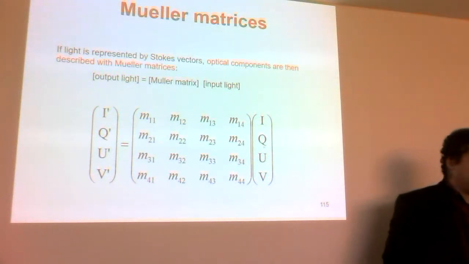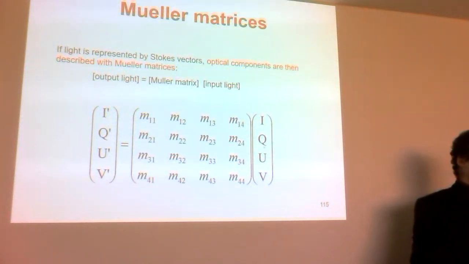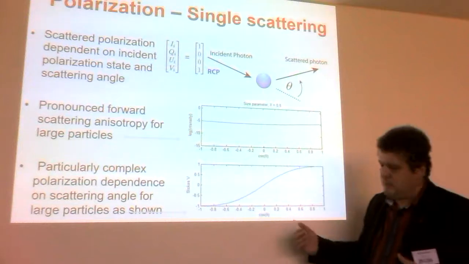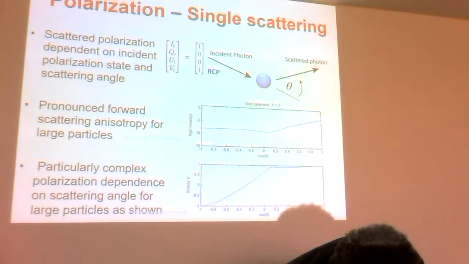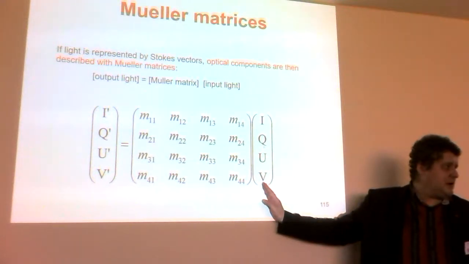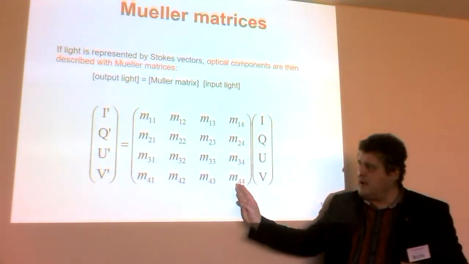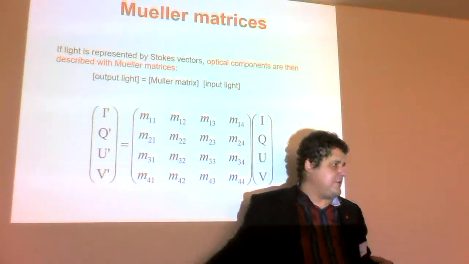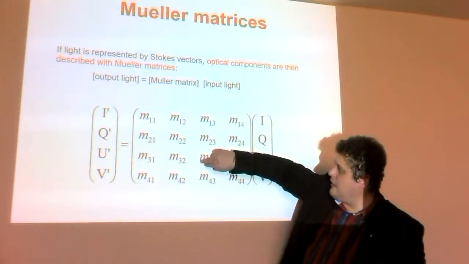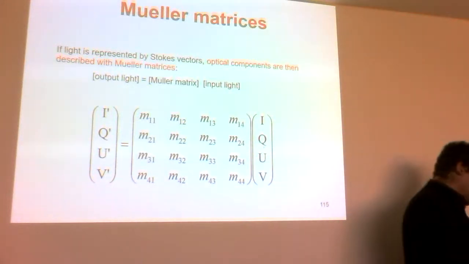Originally they started with a number of collaborations with Horiba, who developed the first polarimeters. They consider the problem from polarimetry, which means they know the incident Stokes vector and are able to measure the vector coming out. Then they investigate all the elements of the Mueller matrix.